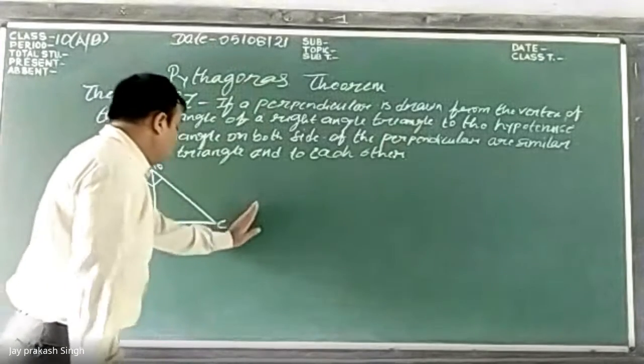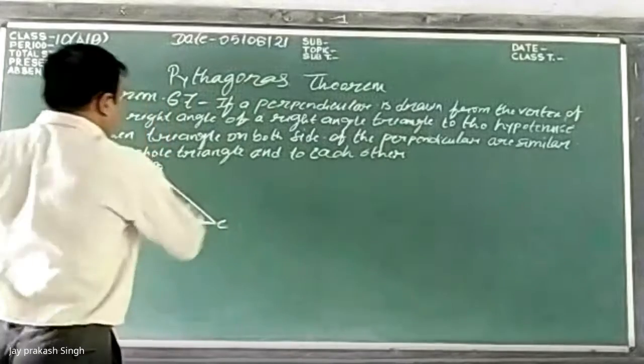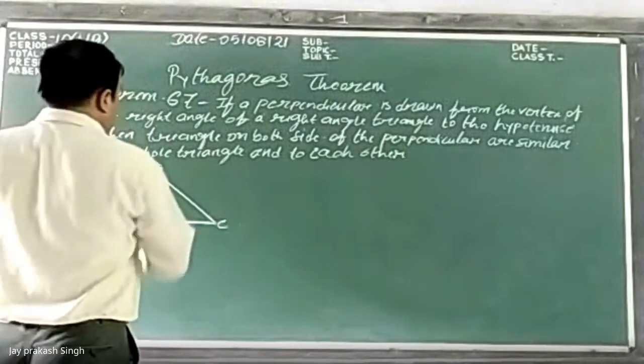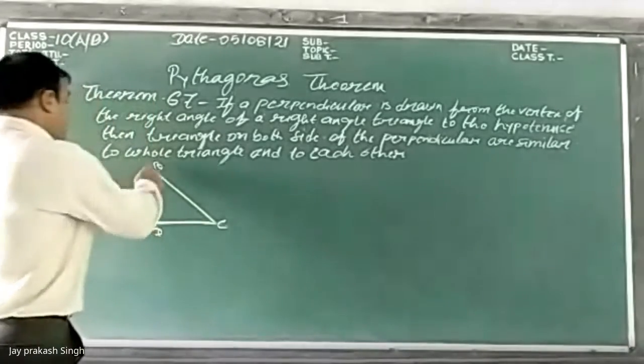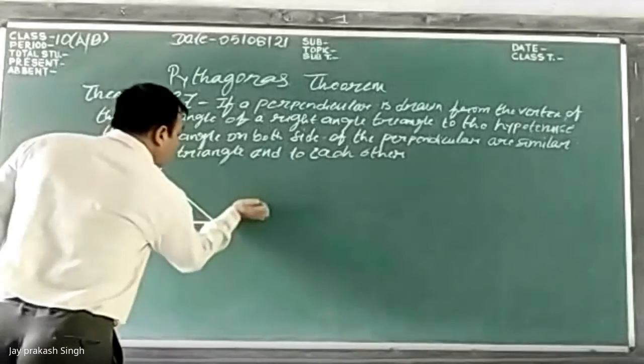The theorem says these two triangles are similar to each other and also to triangle ABC. So we have to prove it.